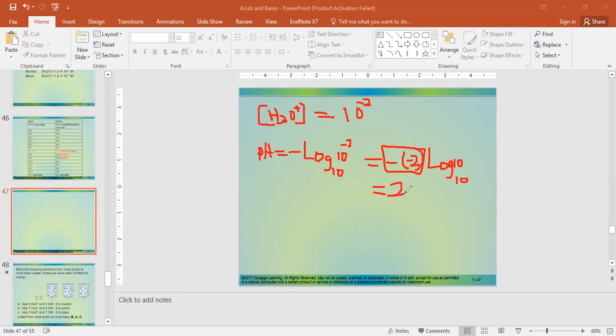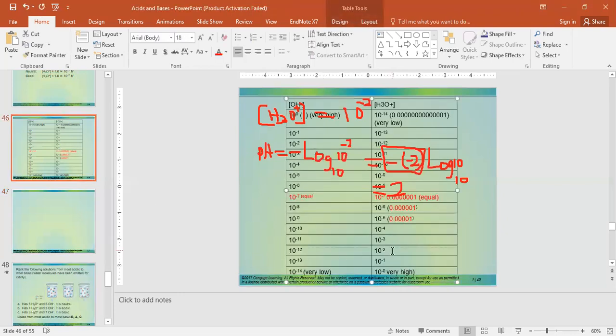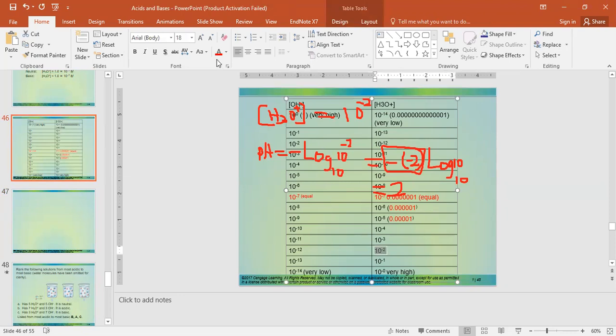So interestingly, let me take you back to this. You know, we have calculated the pH from this value, the value that I have highlighted here. Can you see that? Can you see this value I've highlighted here? Yes.